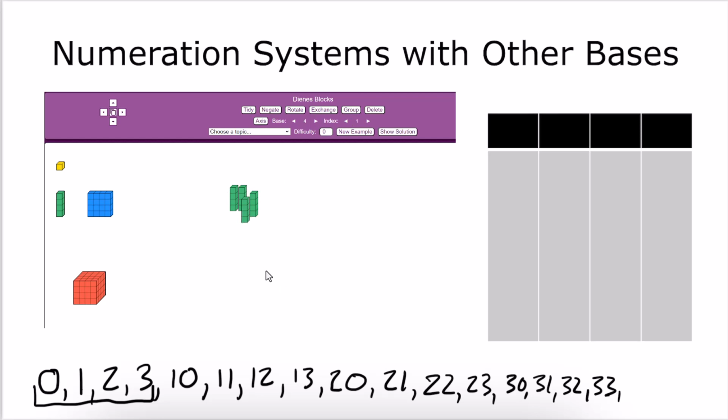And remember, we can't use the symbol 4 when we're in base 4, just like we don't have a symbol that represents 10 in base 10. And so all 4 of these can be regrouped into the next place value. And so the way that we would write this would be 1, 0, 0. And that would represent this amount here.